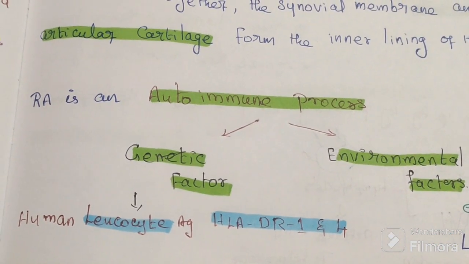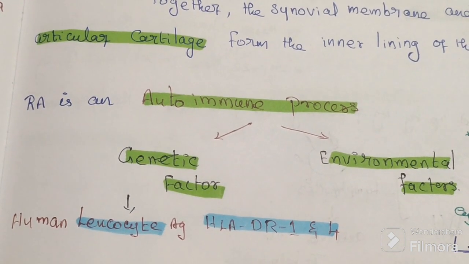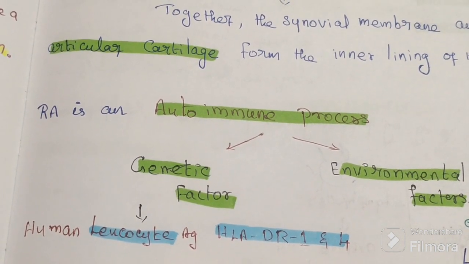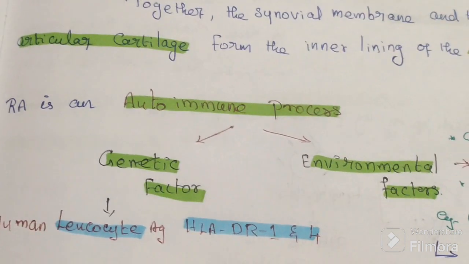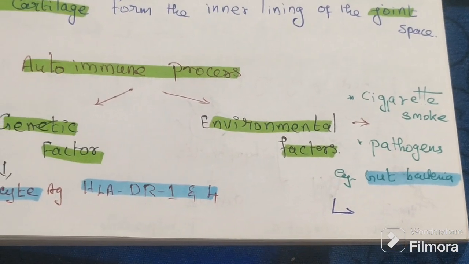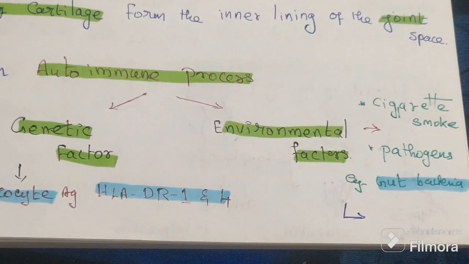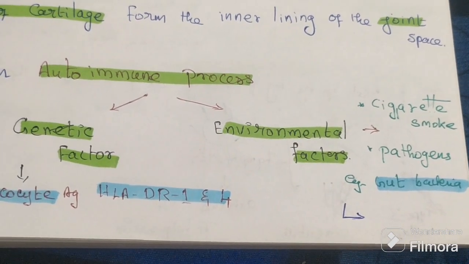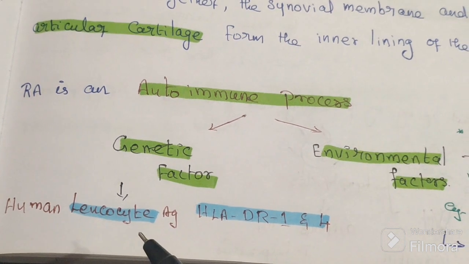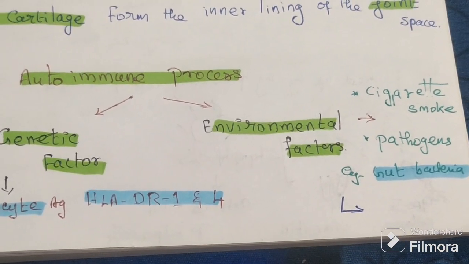For example, a person with a certain gene for an immune protein like human leukocyte antigen HLA-DR1 and HLA-DR4 might develop rheumatoid arthritis after being exposed to things in the environment like cigarette smoke or a specific pathogen like bacteria that lives in the intestine.